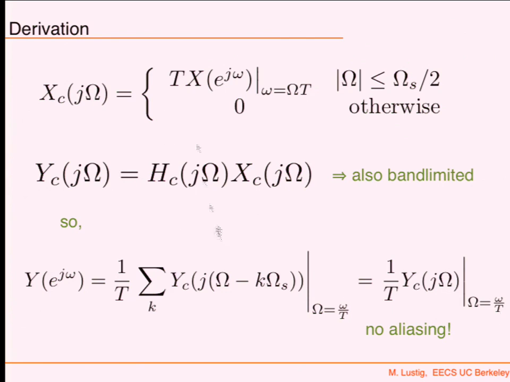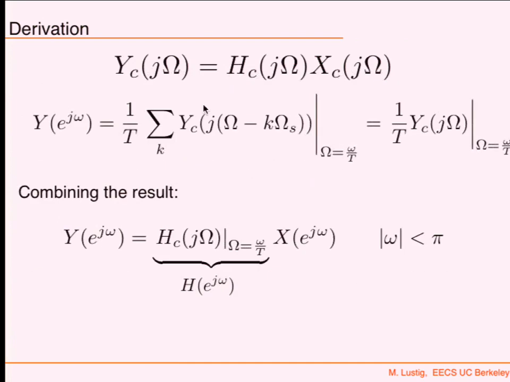If you take all of these relationships together, you can come up with Y(e^{jω}) as the shifted replicas, where capital omega is small omega over T. And if you combine all of that, you get that Y(e^{jω}) is H_c(jΩ), where Ω is ω over T, multiplied by X(e^{jω}). And this is really your transfer function, the frequency response.